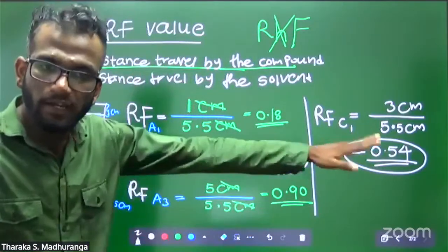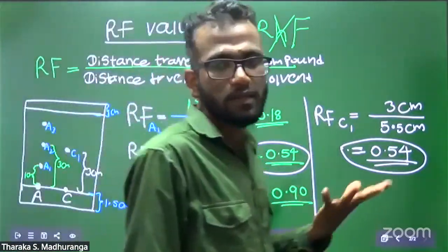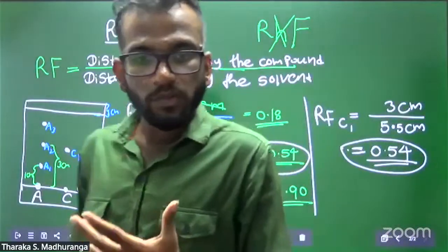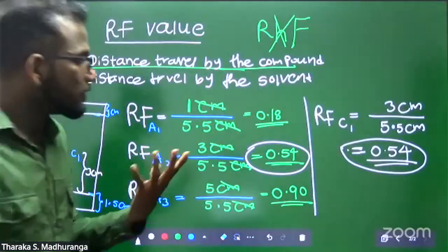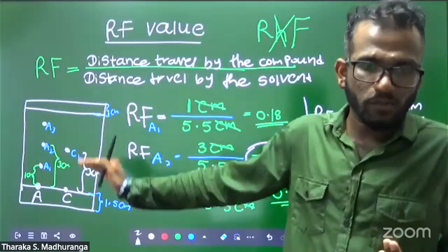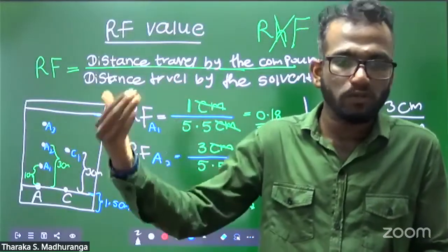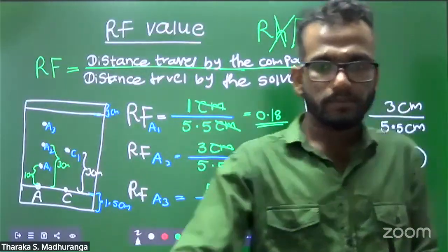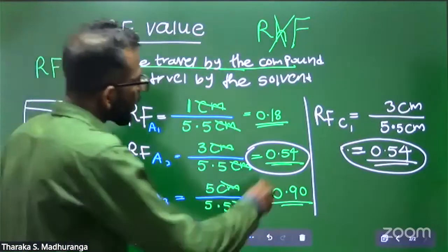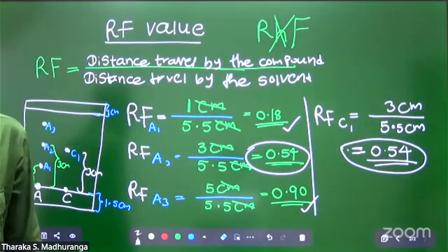Then we can identify that this crude product contained cinnamaldehyde. According to the RF value, we decide whether it is available or not, simply according to the distance. The compound travels with the solvent. Understood? Then the other compounds are impurities.